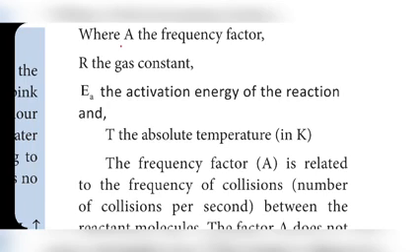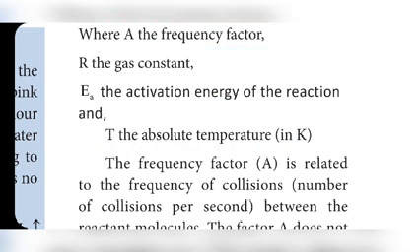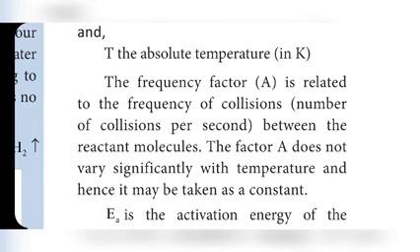So A is Arrhenius frequency factor, R means gas constant, EA means activation energy, T means temperature in Kelvin. Arrhenius frequency factor is related to the number of collisions per second.